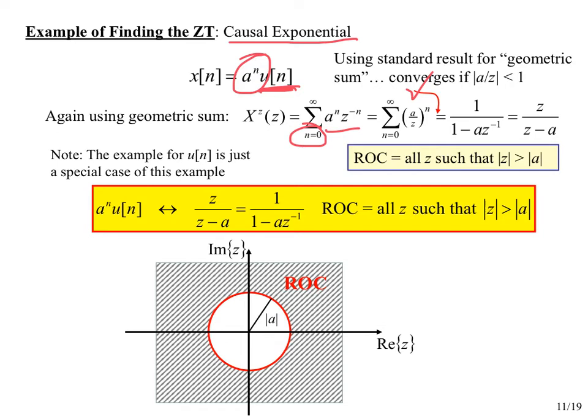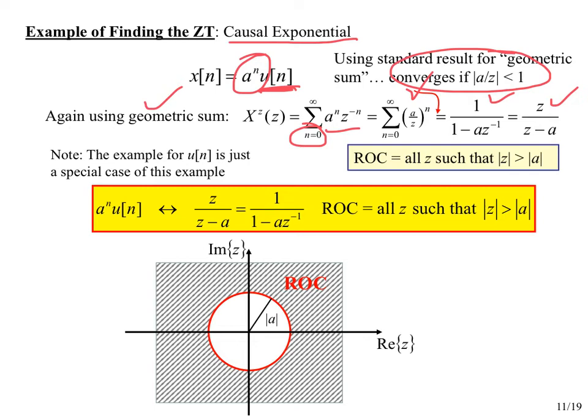And again, this is just an example of the geometric sum, and we can apply the geometric sum result to get this form under the constraint that a over z has a magnitude that's less than 1. That just comes from the convergence characteristic of the geometric sum result. And then we can clear the z inverse and get something that looks like z over z minus a.